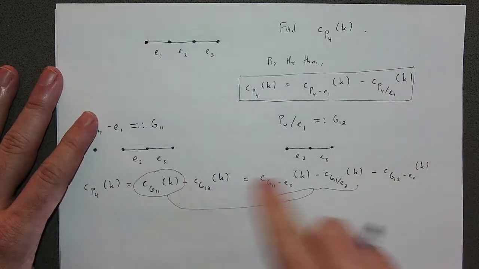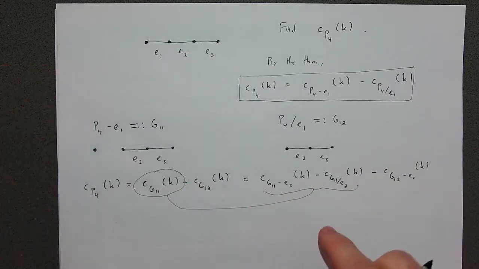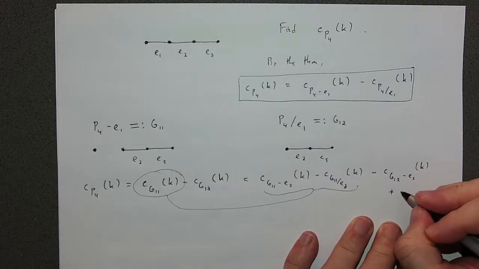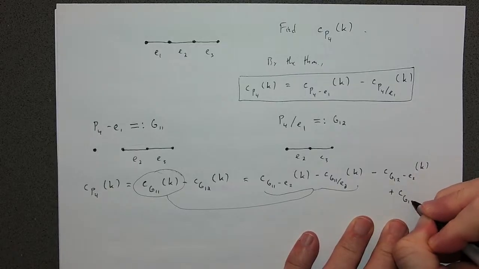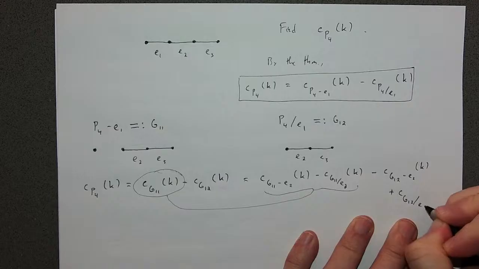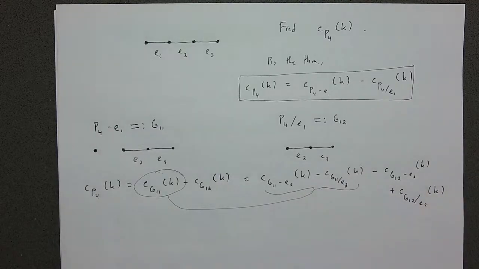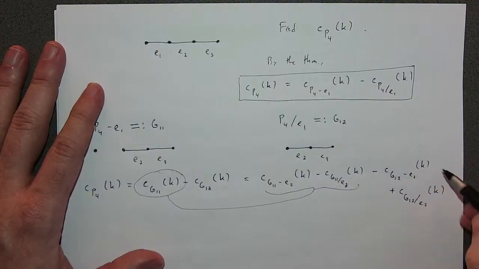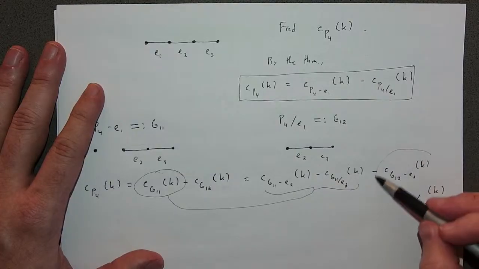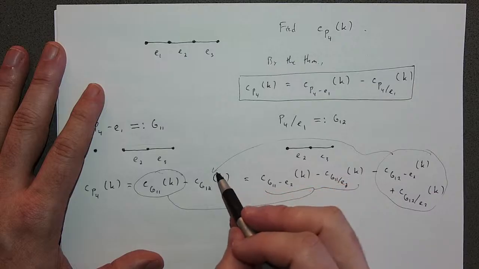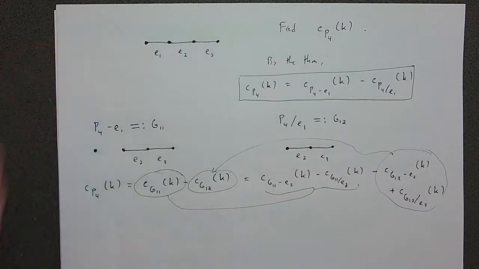And then minus minus, so plus the number of colorings on G12 mod the edge E2 using K colors. So these two terms come from applying the theorem to this and distributing the minus sign.